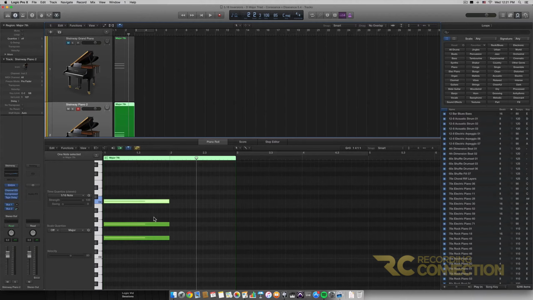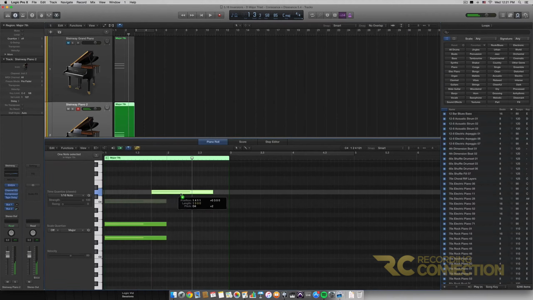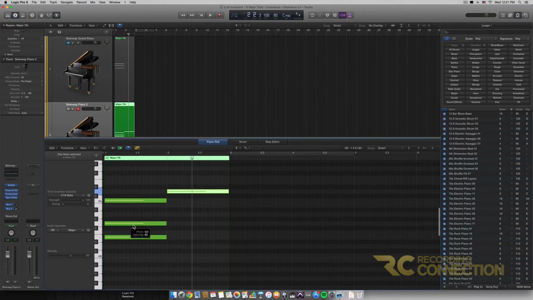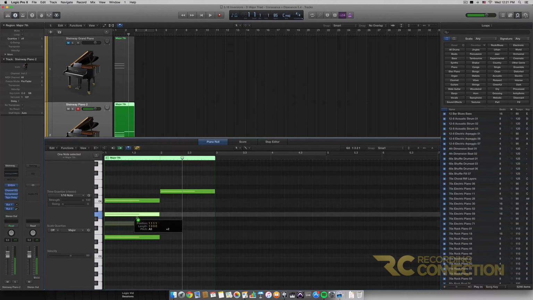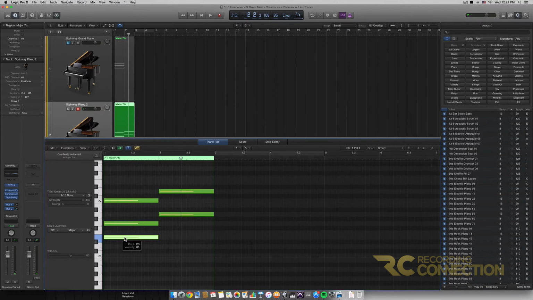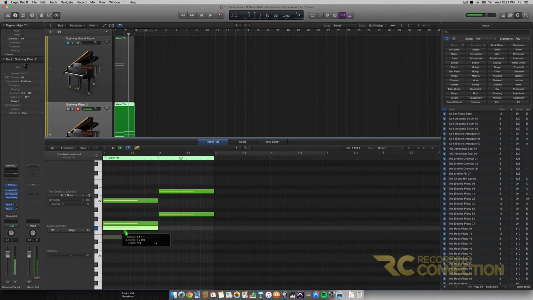So if we are moving from C major to D major, one example we could do is we can move the root. We can keep the root here. And we know that the D major chord also includes an A and an F sharp. So what you might want to do is move a very small distance from G up to A, and then move this E up to the F sharp.